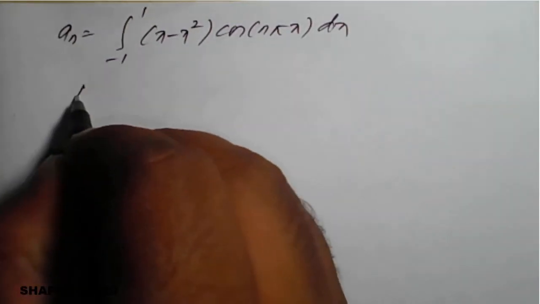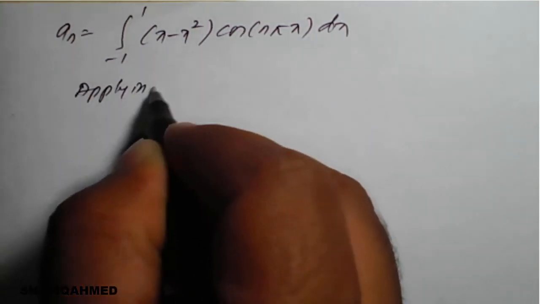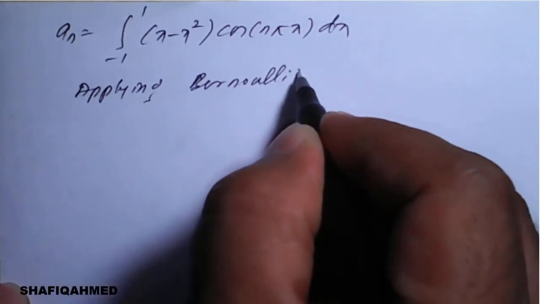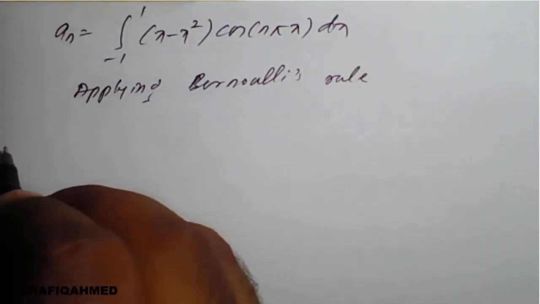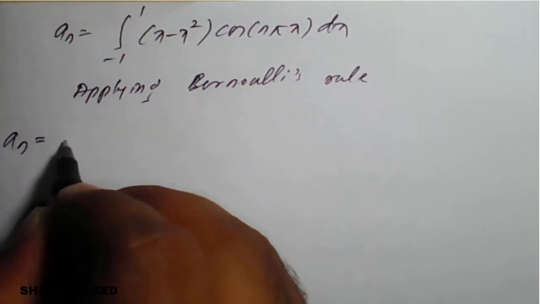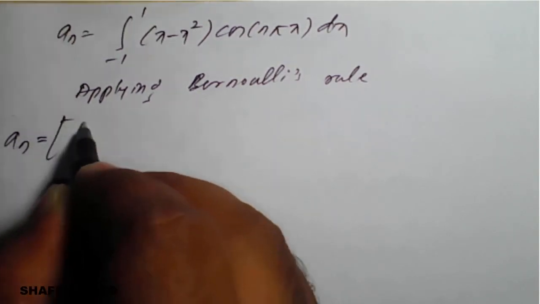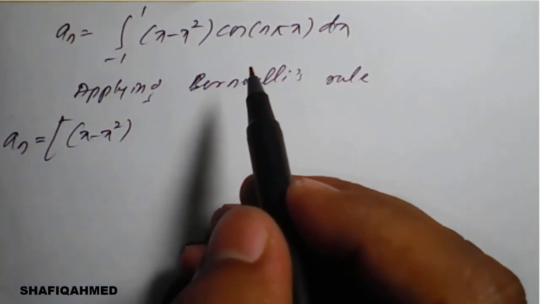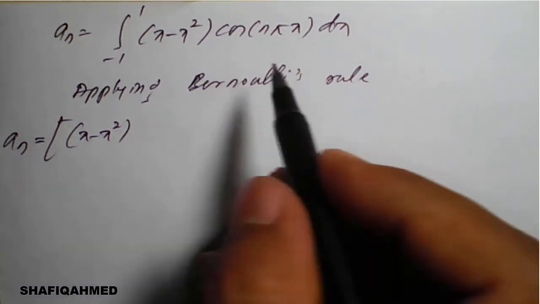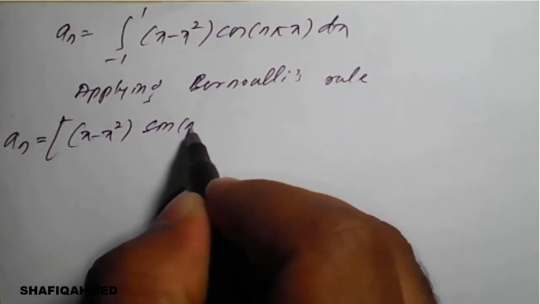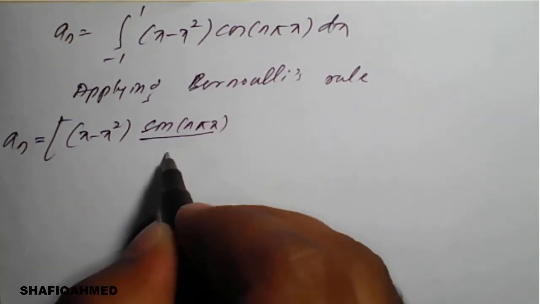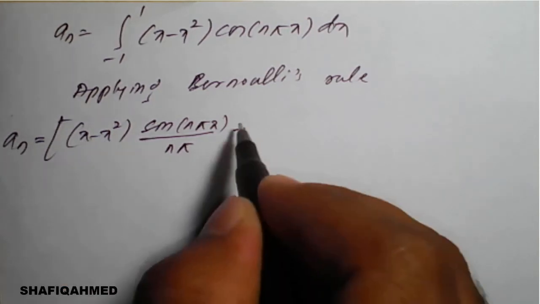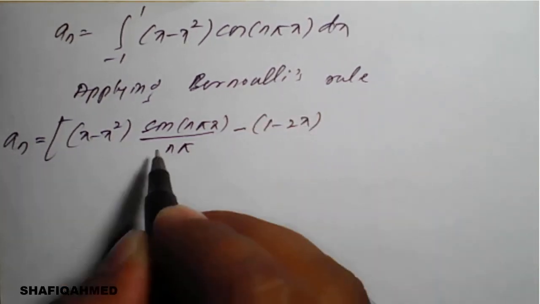So on applying Bernoulli's rule, that is a_n is equal to, so x minus x square as it is. Integration of cos is what here, it is sine of n pi x upon n pi, minus differentiation of x minus x square, which is 1 minus 2x.